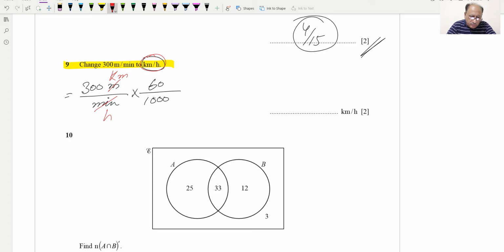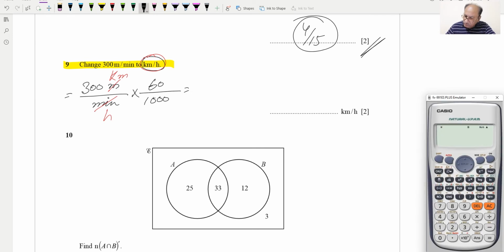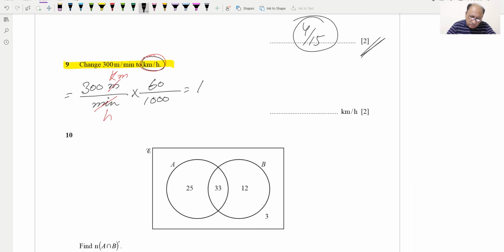Our new unit will be kilometer per hour, and the value we can calculate with the help of a calculator: 300 multiplied by 60 and divided by 1000, and it will give us 18. So 18 kilometer per hour will be our answer. We can provide here 18, and this will be for 2 marks.